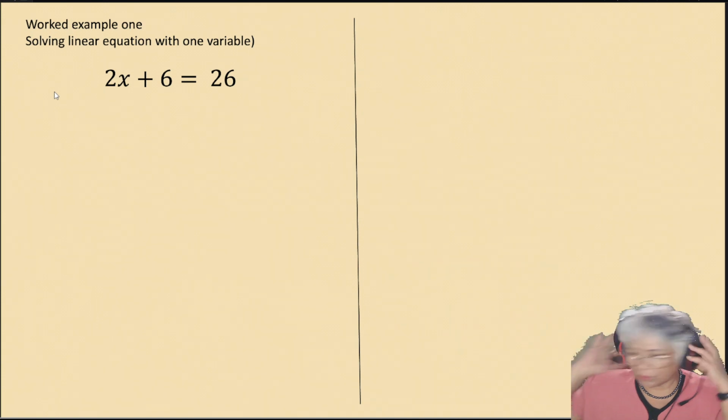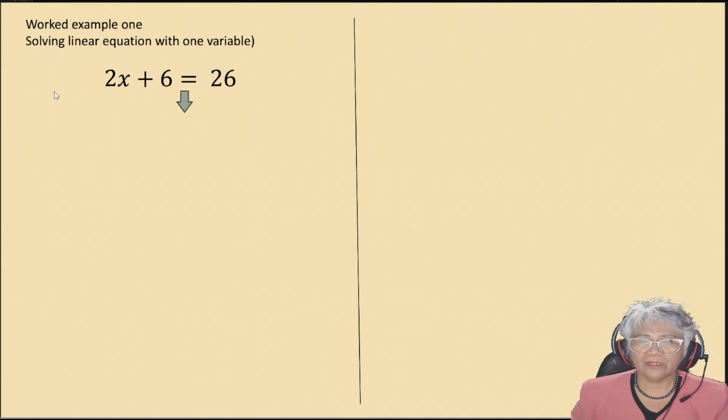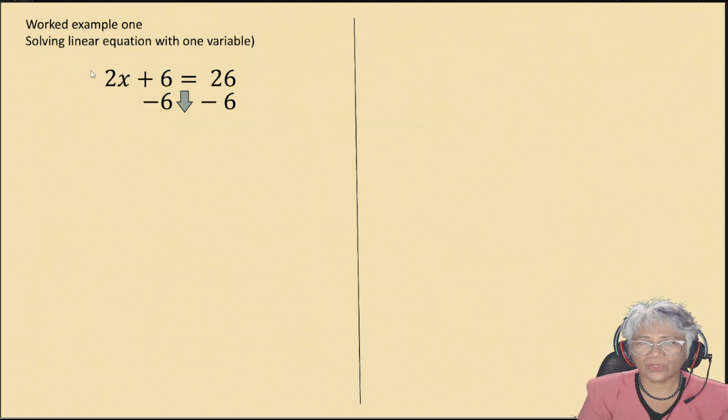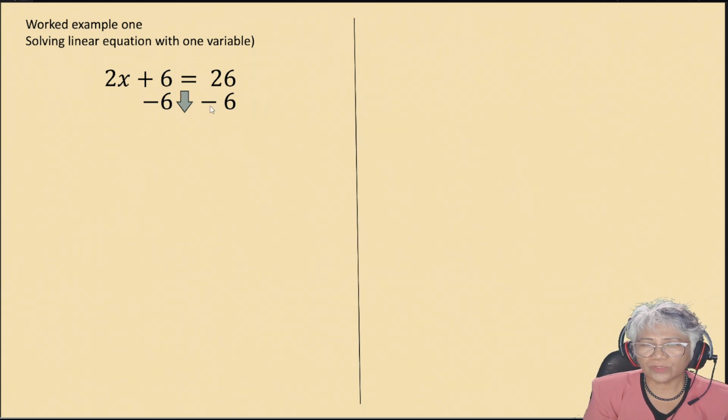So now we have a minus 6 and a minus 6. Whatever we do on one side of the equation, we do on the other side as well, so that we are not changing the original value of the equation. So it is balanced.